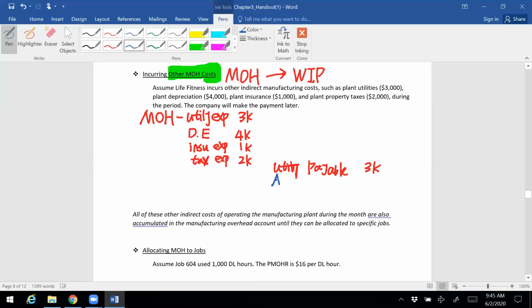Accumulated depreciation is a contra account of asset. I'm not putting the full name here; look at your textbook for the proper name. Accumulated depreciation, $4,000. This is very important, so make sure you don't put depreciation payable here. We don't have something called depreciation payable. We have accumulated depreciation. And then we have the insurance payable, $1,000.